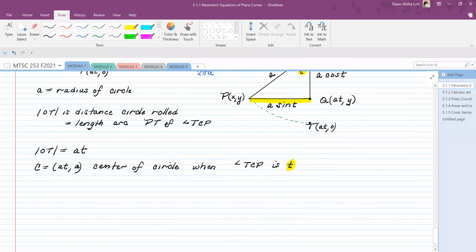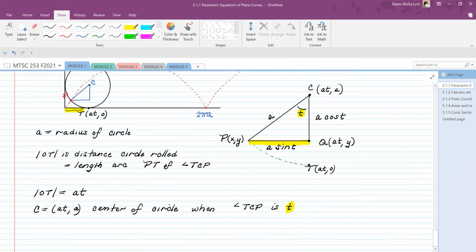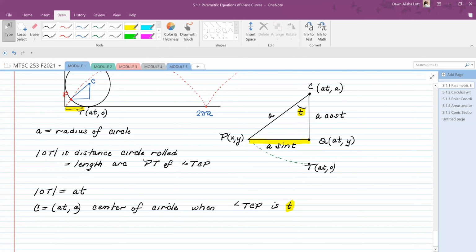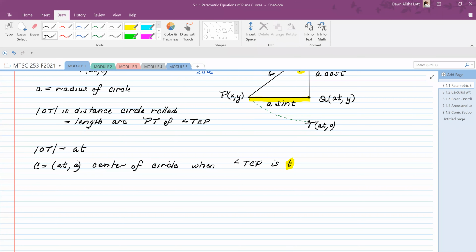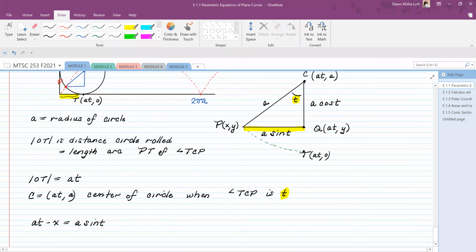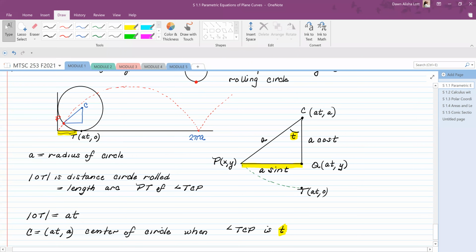If I take any x value, I don't think I wrote that right, but A t minus x is simply A sine t. I forgot to put the x in. Yeah, no, I didn't. That's right. So A t minus any x, where P is (x, y), is A sine t.